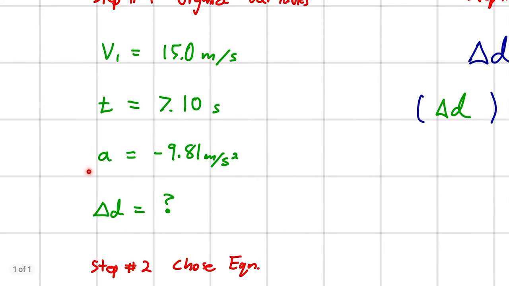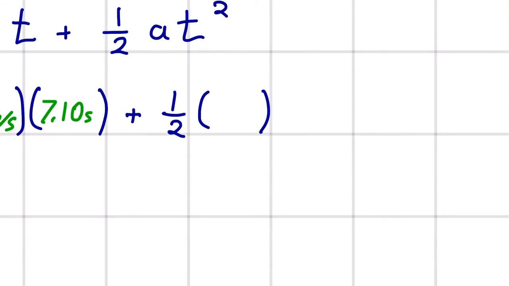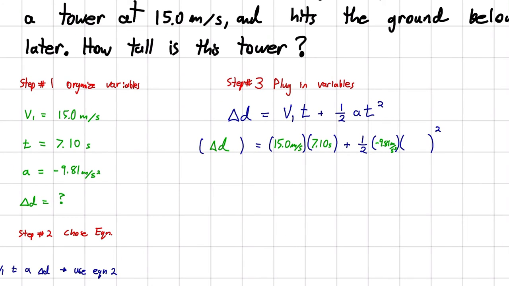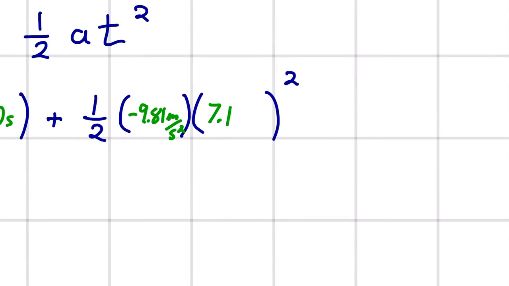Looking back here, it was negative 9.81 meters per second squared. And then our time, which we're going to square, again was 7.1 seconds. So 7.10 seconds.